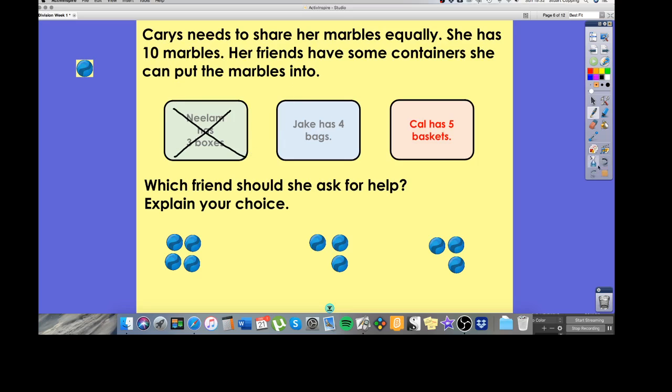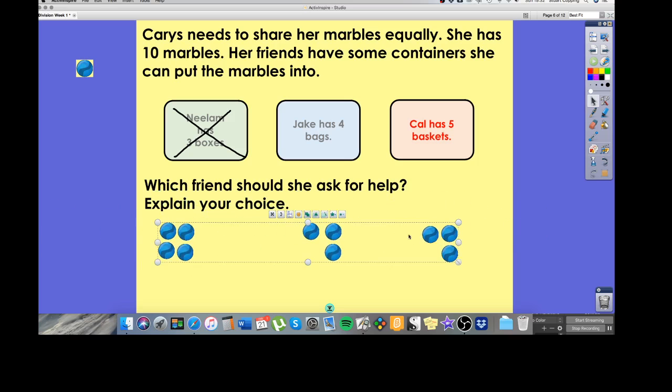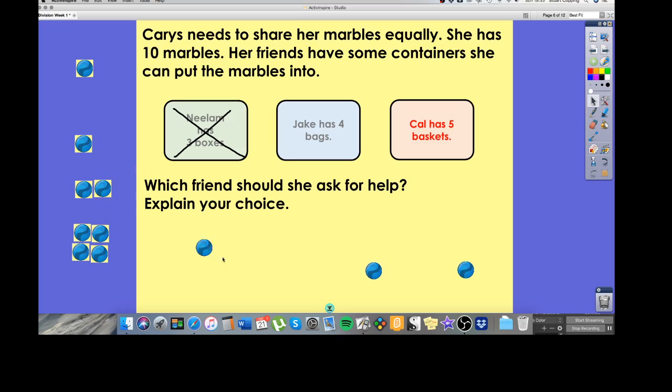What about 4 bags for Jake? So let's just move these over here. It's so much easier when you can just grab them all together and put them back into one group. So there's my 10 marbles. This time I'm going to have 4 groups. So 1, 2, 3, 4.